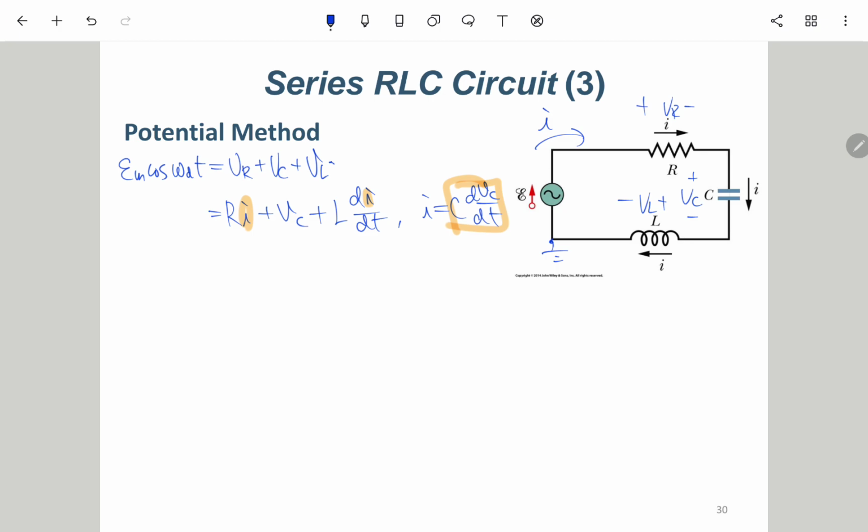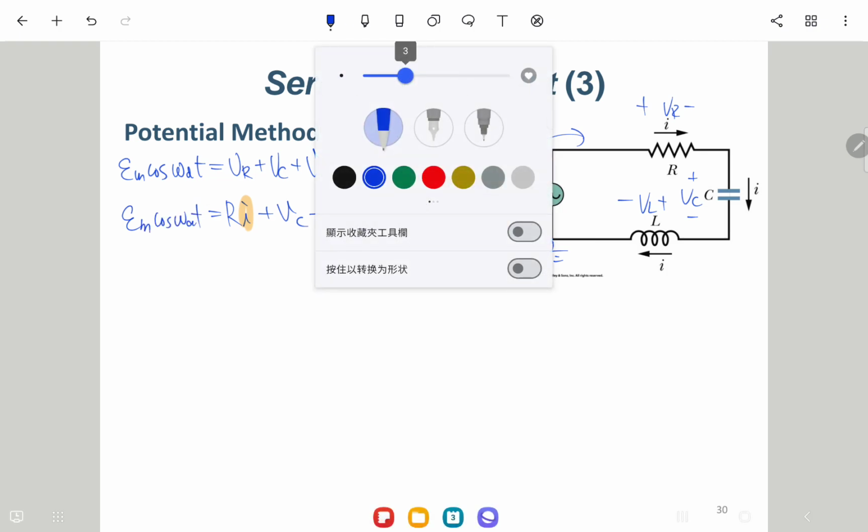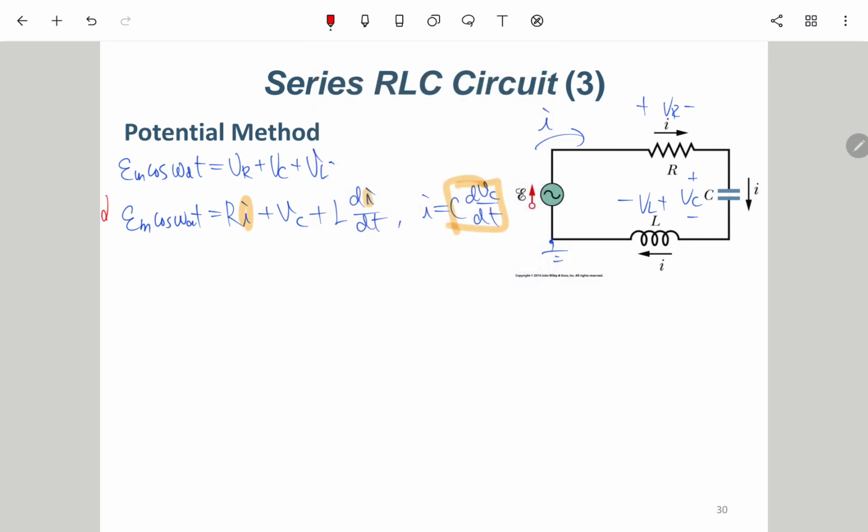So in such a way, or we can keep this I here. So we can try to, let me see, we can try to take the derivative on both sides, and then we also try to multiply 1 over LC on both sides.